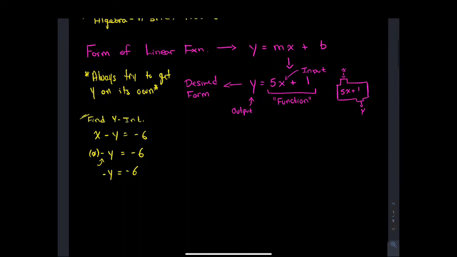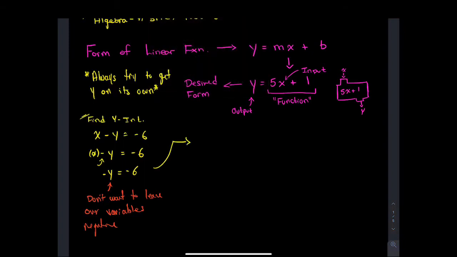Generally, when we're solving algebra questions, we don't want to leave our variables negative. We want to leave them positive because that's usually the most common form that we see them in equations when we need to sub something back in. So what can we do to get that negative out of the y?